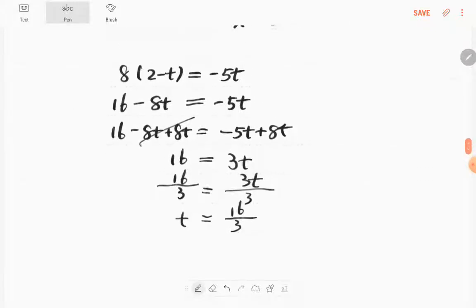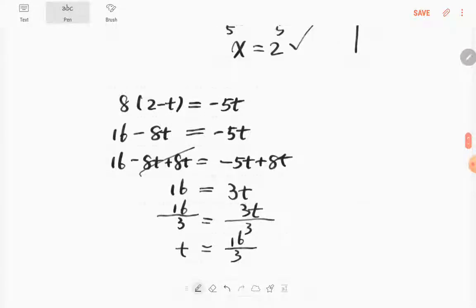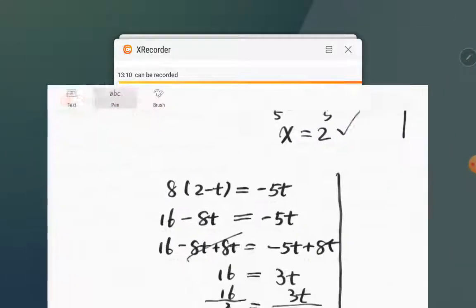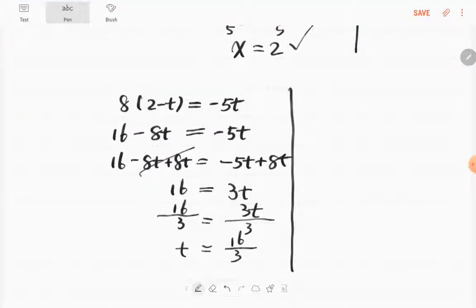Of course, we could check if this one is the answer. So I will use 16 over 3 to replace t. Now let's check the left side. We will get this.